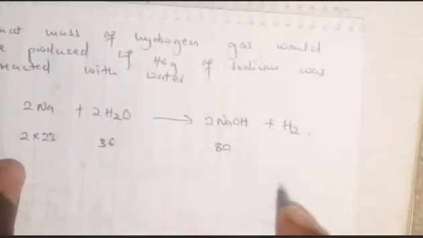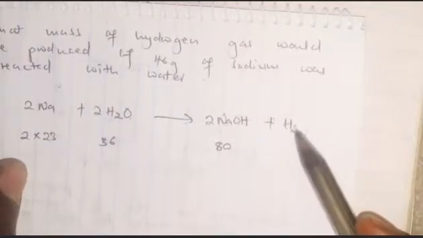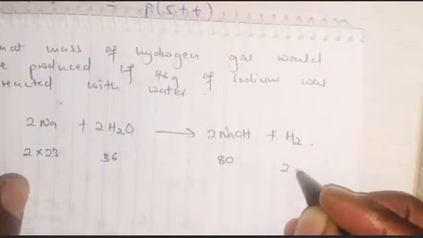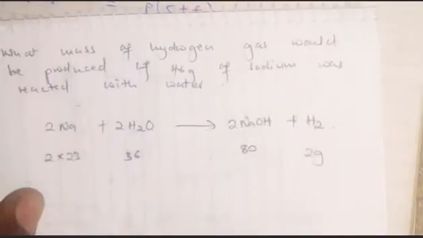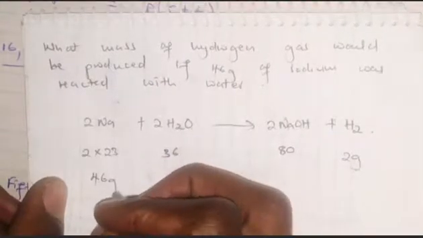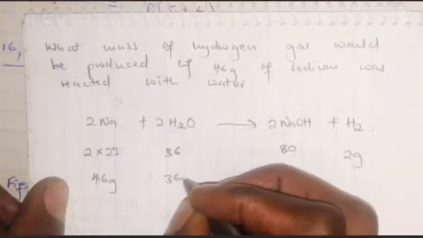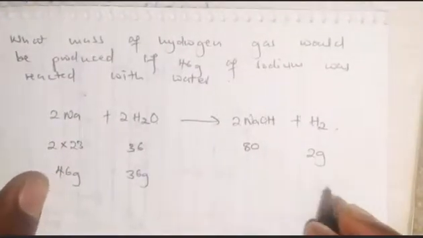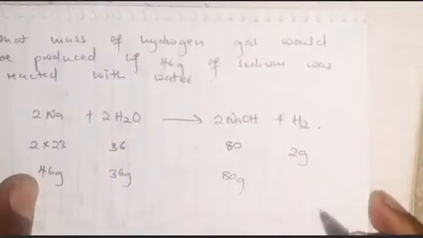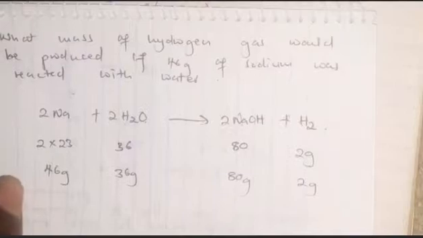Then for hydrogen, I just have 2 grams here. So I've got 46 grams of sodium reacting with 36 grams of water to give 80 grams of sodium hydroxide plus 2 grams of hydrogen.